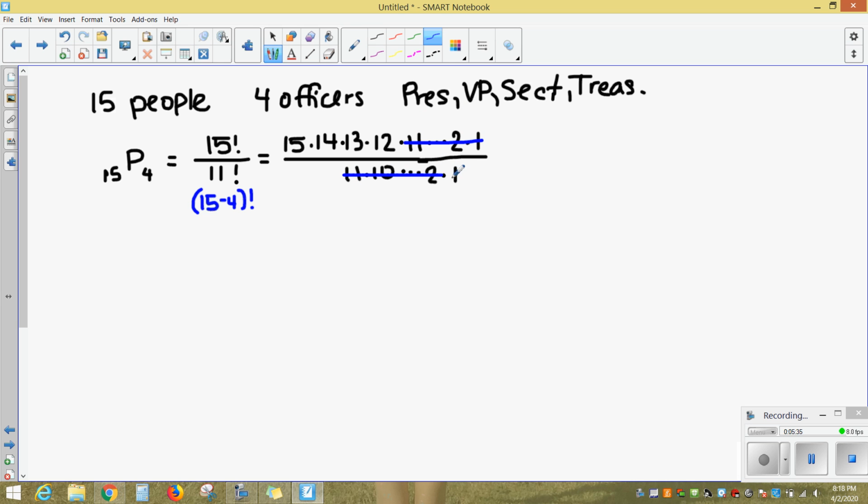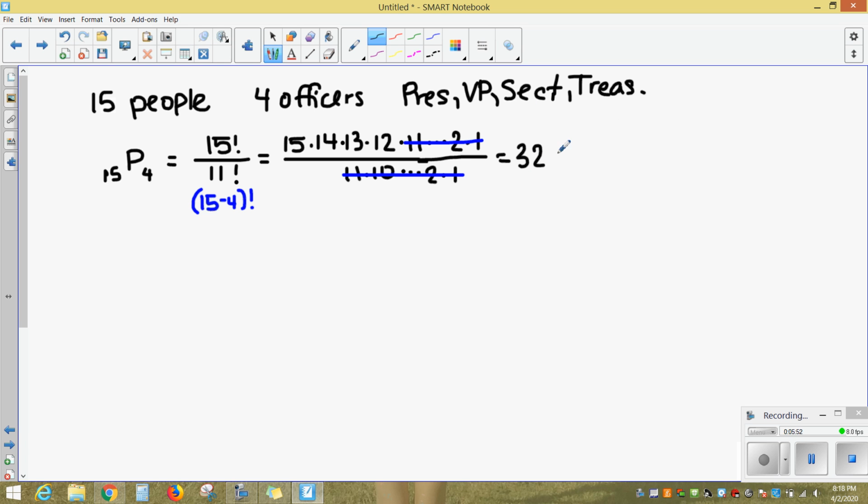Notice what happens here. All I really have to do is get out my calculator and take 15 times 14 times 13 times 12, which this old clunker on my table might spit out if I hit the buttons right.